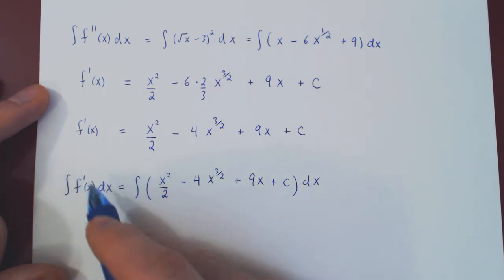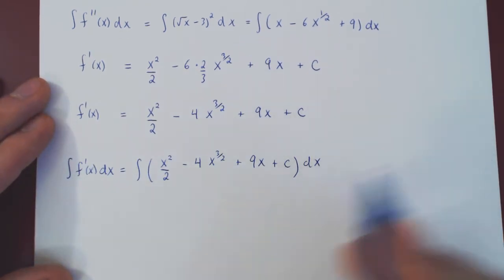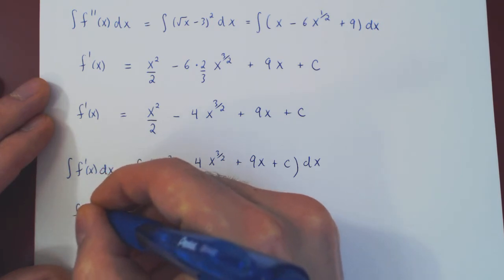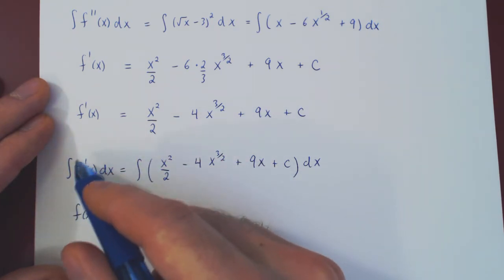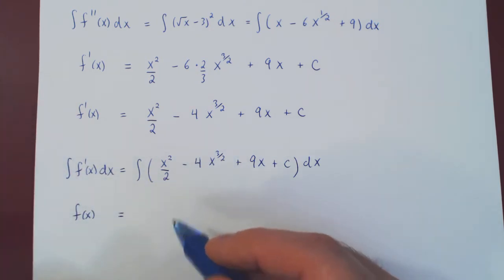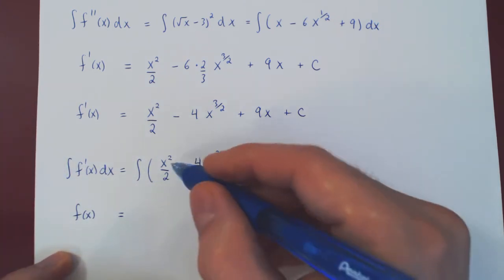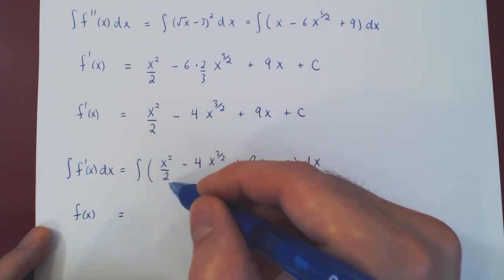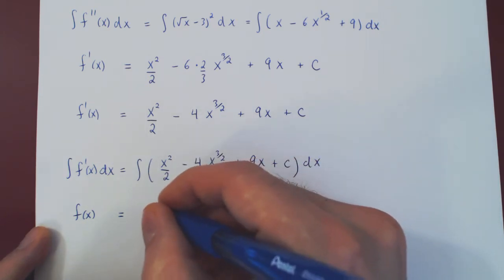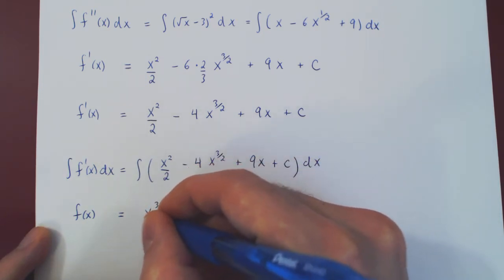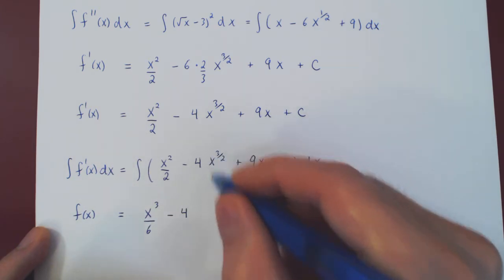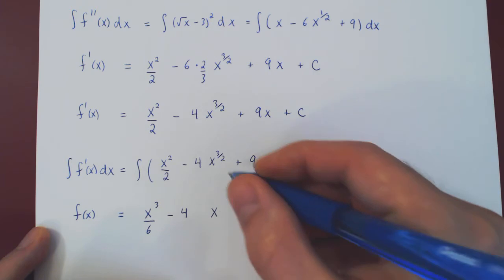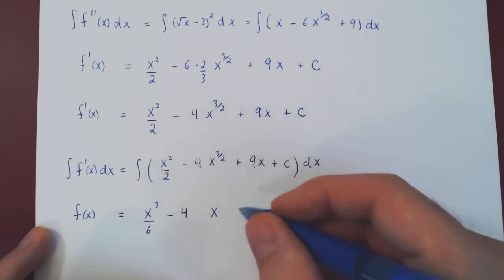If you integrate f prime of x dx, you of course get back f of x, as the derivative of f of x is f prime of x. And again here the power rule. We'll have x cubed over 3, but 3 times 2 is 6, so it's x cubed over 6. Minus 4, power rule again. If you add 1 to 3/2, you get 5/2.